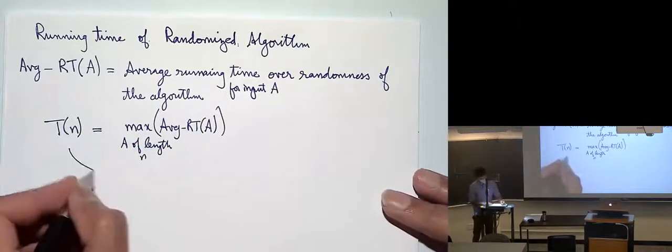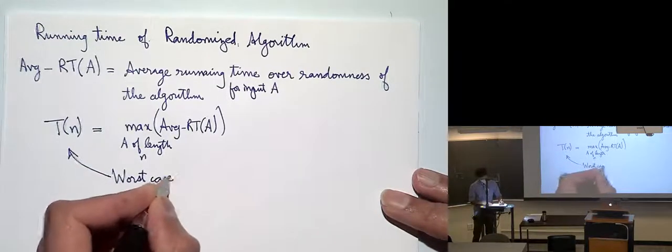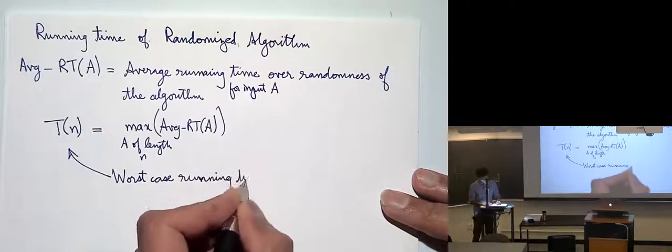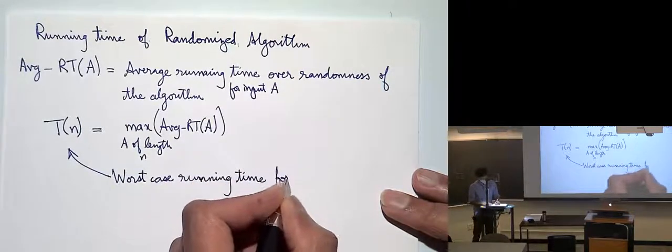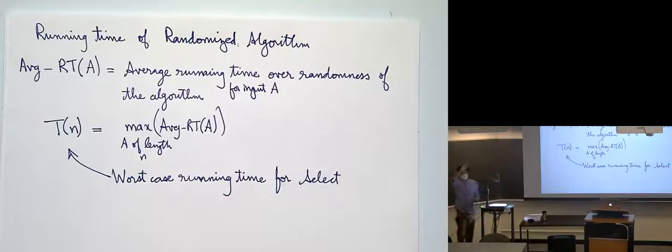So this is the worst case running time for this algorithm select. It's only 3 lines, but it's very important that you understand this. There's a quantification order here which is important.